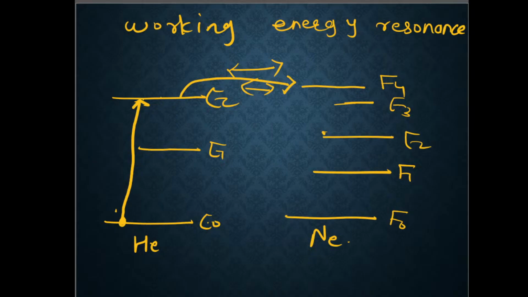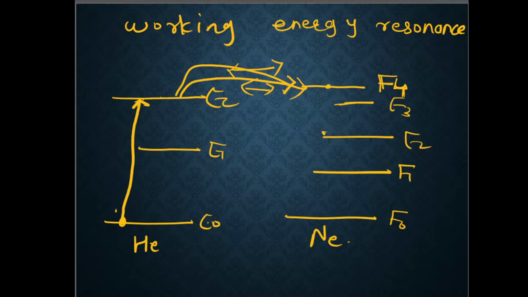But whenever it goes into the ground state, it is a radiation-less transition, because whatever energy is with the helium atom is transferred to the neon atom with energy level F4. Okay. Now that is a very important thing.